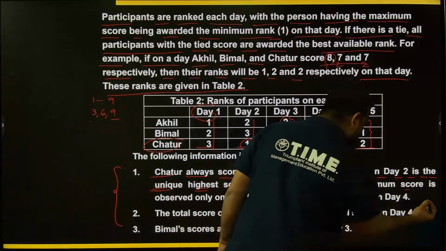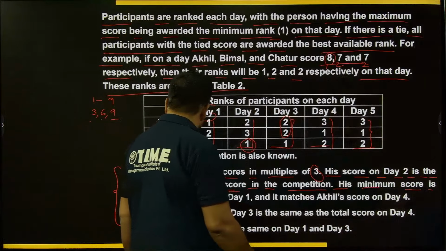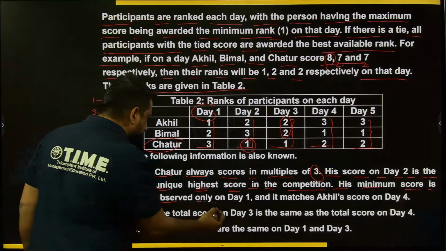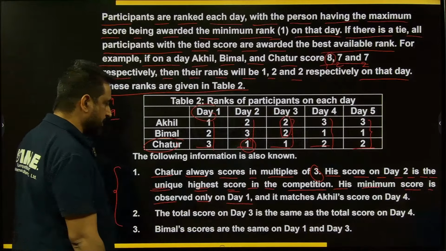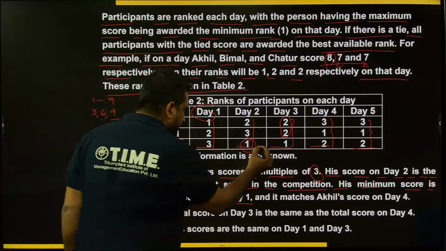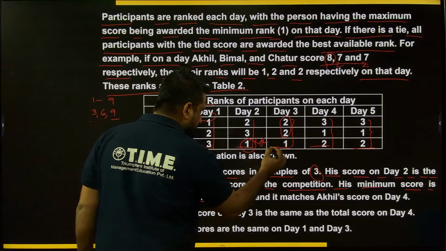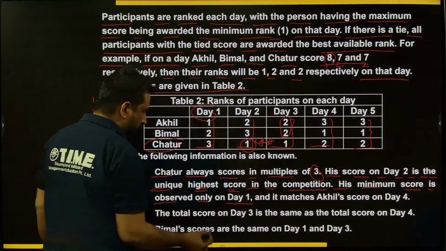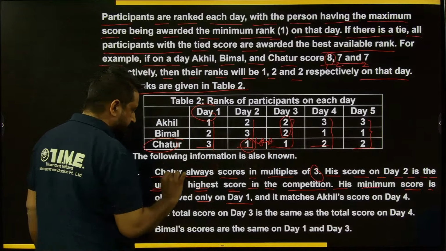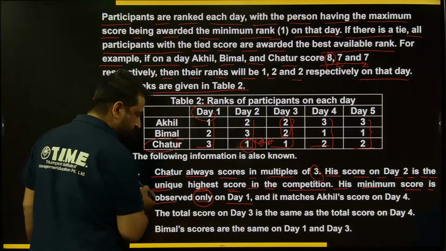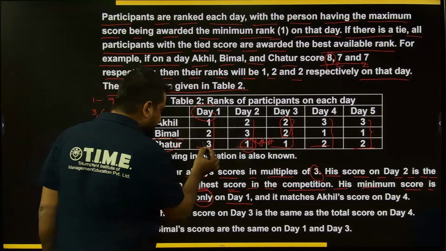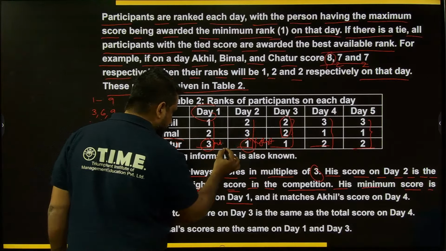His minimum score is observed only on day 1. Observe carefully. Highest score is observed on day 2, and minimum score is observed only on day 1. You have to be careful with the terms.